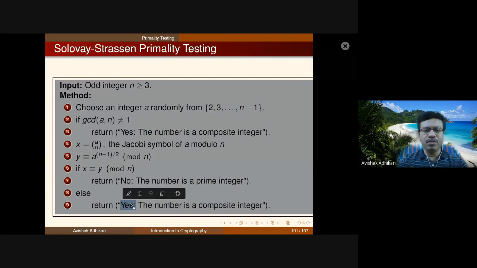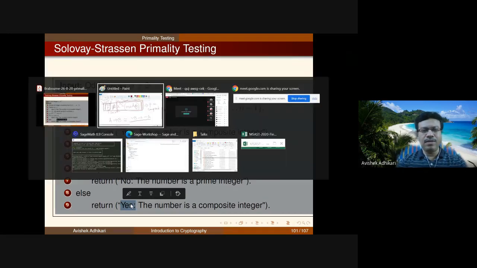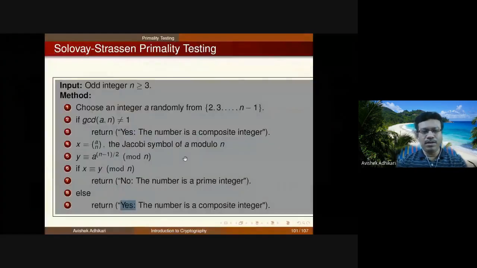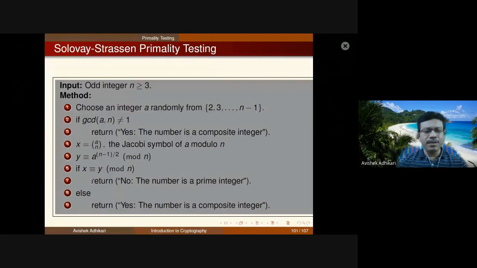The number is composite. See, just now I mentioned that if they are not equal, then you are confirmed that the number is composite, right? But if they are equal, then you may not be sure, but you have to give some answer because it's either a yes or no answer you have to put.